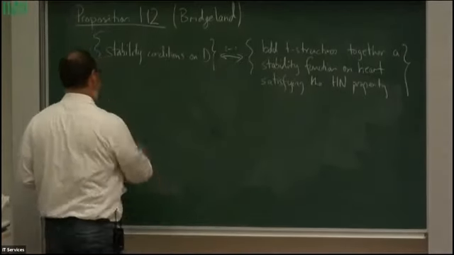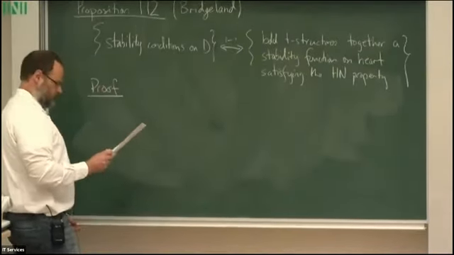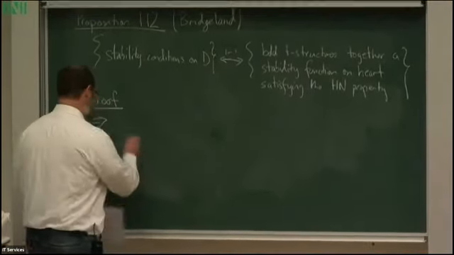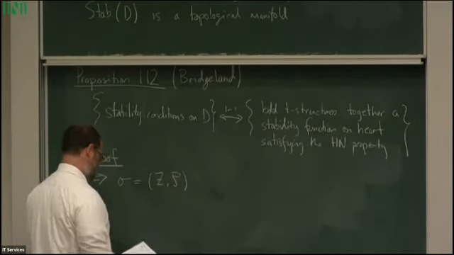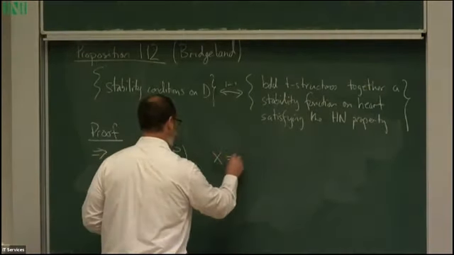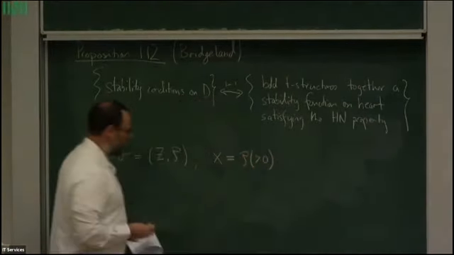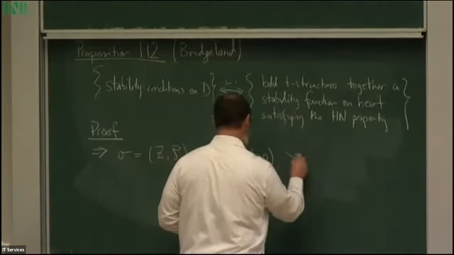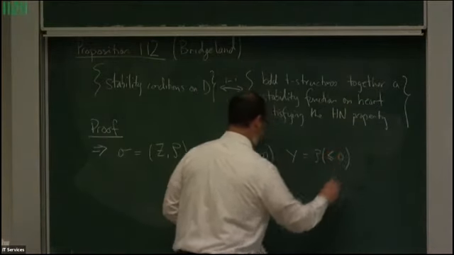So let me give a quick indication of the proof. Starting with the stability condition, say sigma equals (Z, P), so stability central charge plus slicing, define X to be the extension closure of all the objects which have phase bigger than 0, Y the extension closure of all the objects which have phase less than or equal to 0.